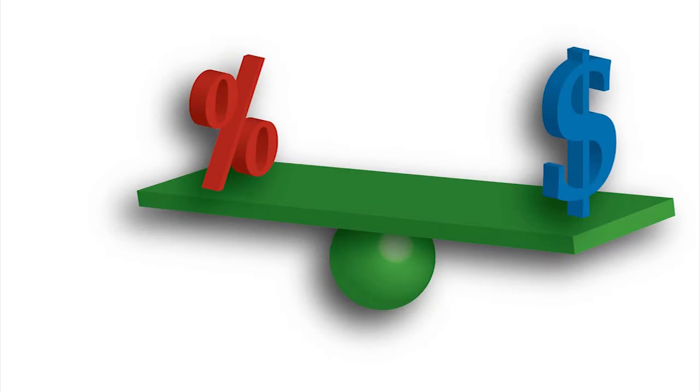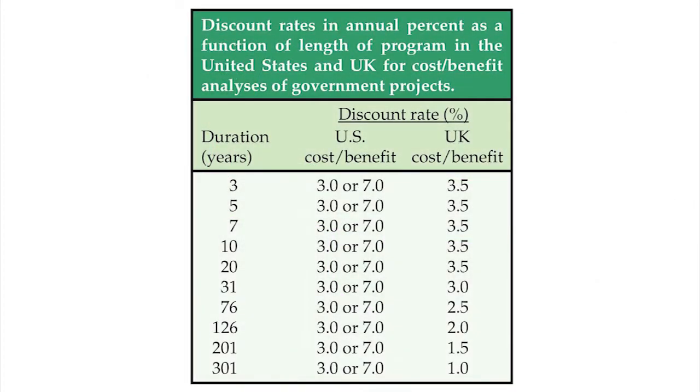In practice, discount rates tend to vary with attitudes about spending on public works and about government regulations. The British government sets a discount rate between 3.5% and 1% for government projects, depending on their duration. The U.S. Office of Management and Budget asks planners to prepare 2 cost-benefit analyses for proposed government regulations, one based on a discount rate of 3% and the other on a rate of 7%.